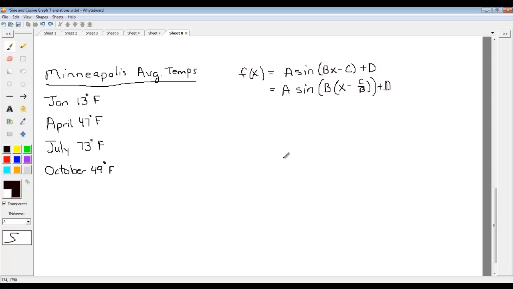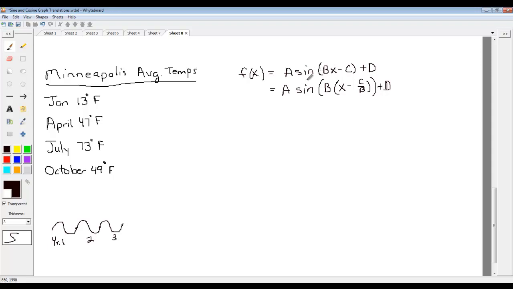You're going to have your highs and your lows. Summertime you go up high, wintertime you go down low, and then it comes back up. And it just keeps doing that year after year after year. So you might have year 1 to here, year 2 to there, and year 3 to there, and so on. So we're going to use sine.